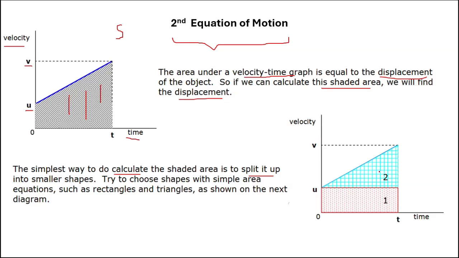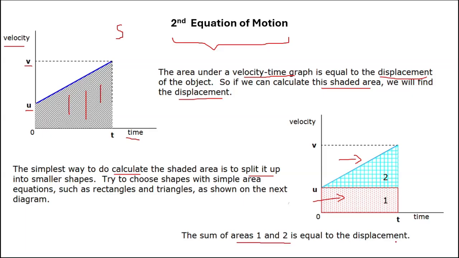This one is a triangle, and the portion below it is a rectangle. This is area 1, this is area 2. The sum of areas 1 and 2 will be equal to displacement.